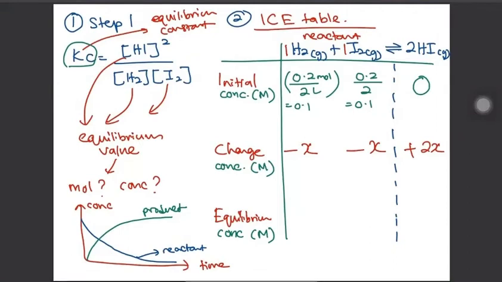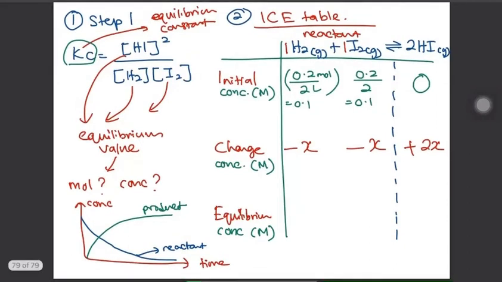Okay, so this is the change. Once you have done that, put a line, because we are going to add two things together. The equilibrium is basically going to be the initial added with the change. That will be the equilibrium, because from the beginning we experience some change and that will be equilibrium.